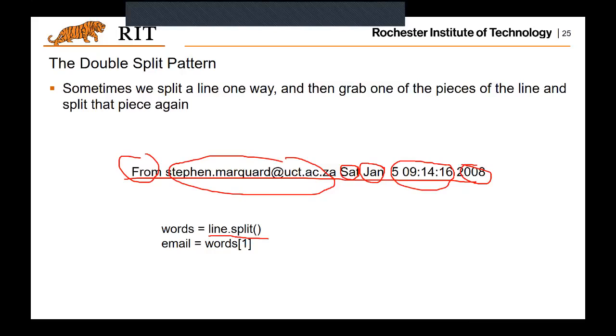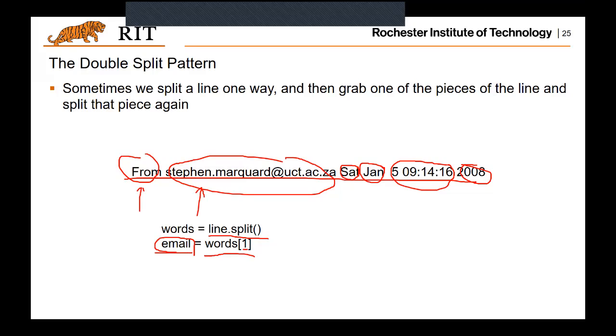Then your focus is the email address. That's the second element, which is why you put 1 here, and you extract that element and assign it to the new variable email. Now you have email, which is a string extracted from the original line.